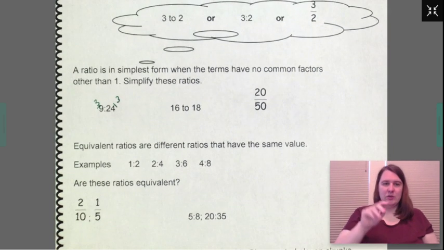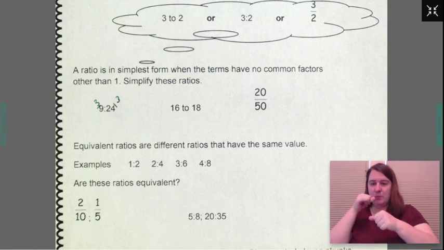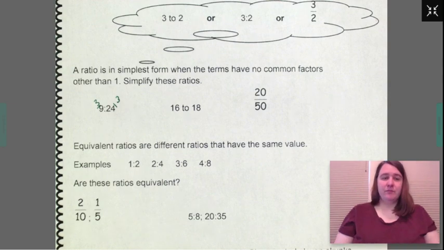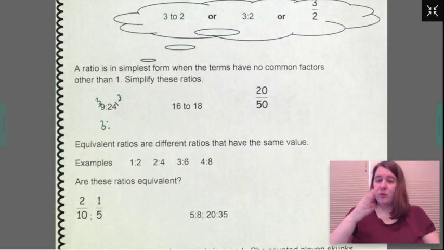You can see I put divide by 3 so I could remember as I switched pages on my computer. So what's 9 divided by 3? What's 24 divided by 3?